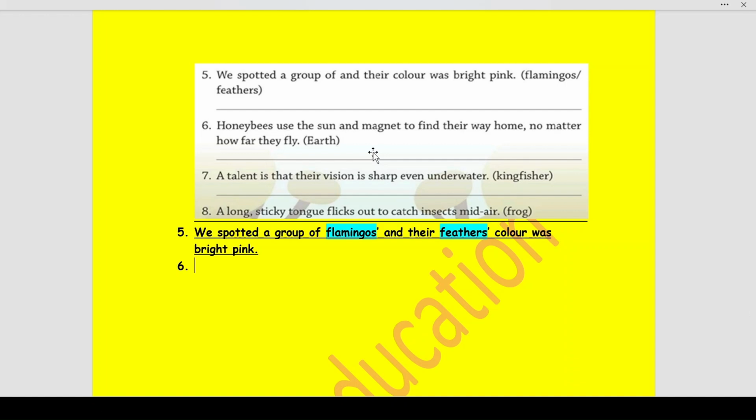Okay, you will write honeybees use the sun and the earth's magnet to find their way home, no matter how far they fly. Okay, next.